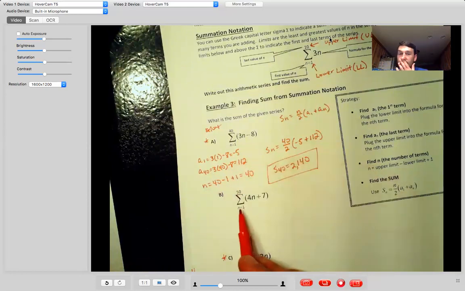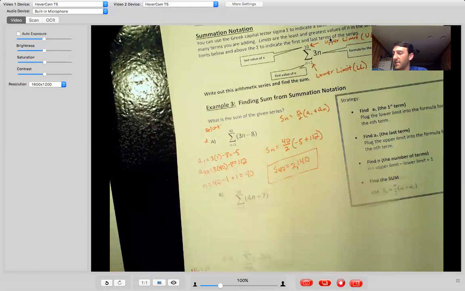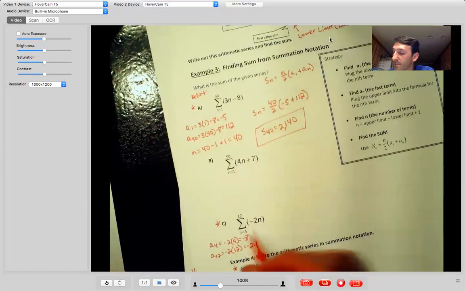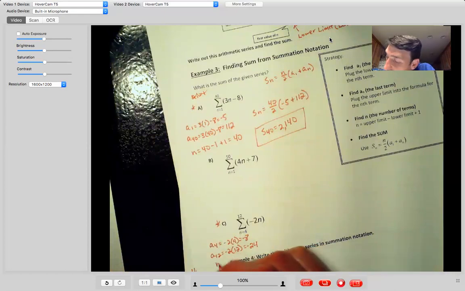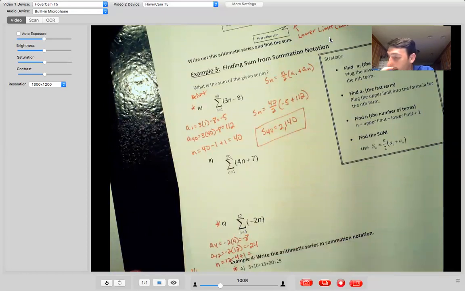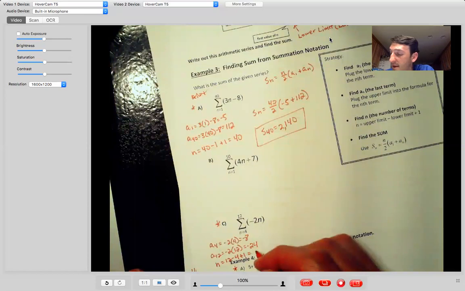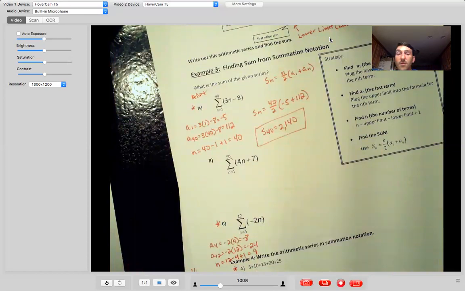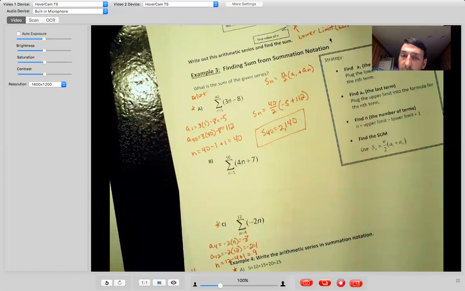All right, just like on this next one. Well, we might do that one too, because we'll see. So anyways, n here is 12 minus 4 plus 1. So it's not eight terms, it's 9 terms. So remember that when you're counting, you always want to kind of intuitively be off by 1.